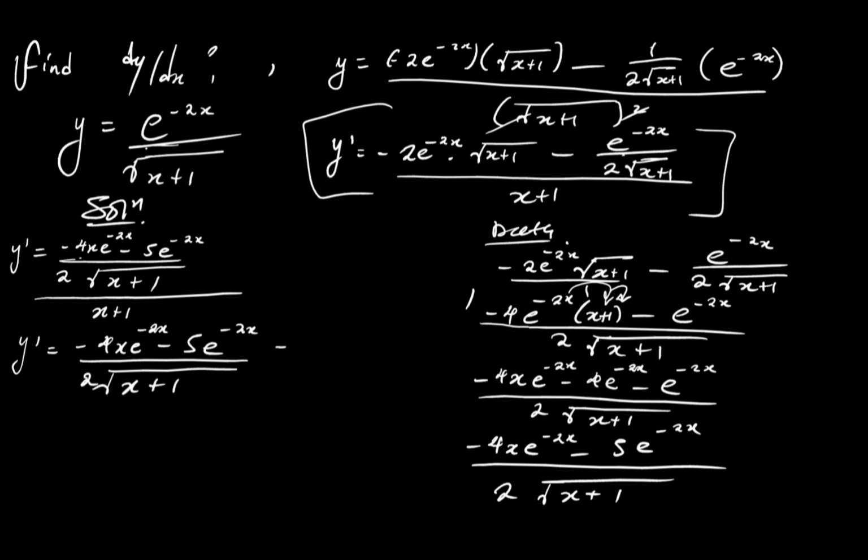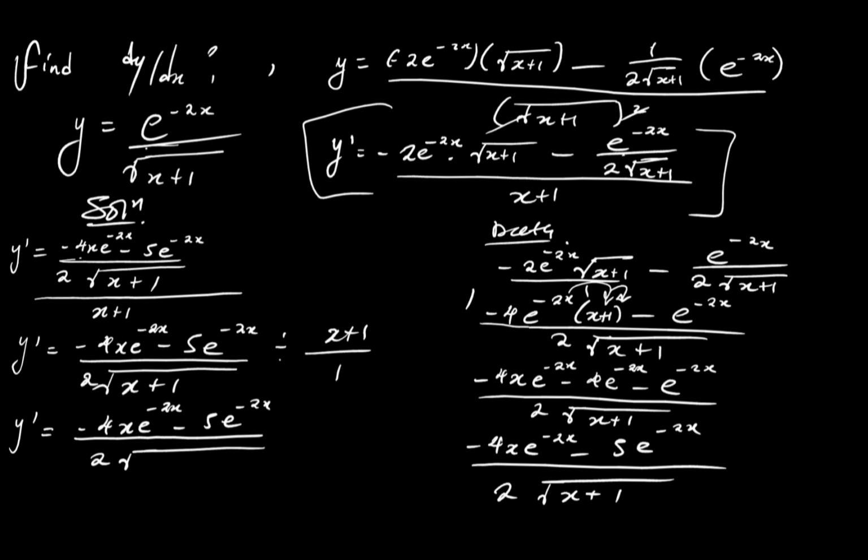This can be written as y prime equal to minus 4xe to the minus 2x minus 5e to the minus 2x, over 2 root of x plus 1, times 1 over x plus 1.